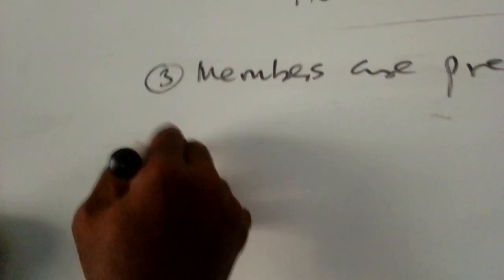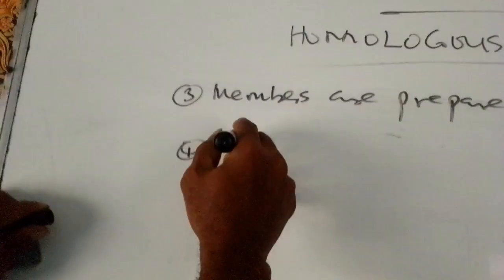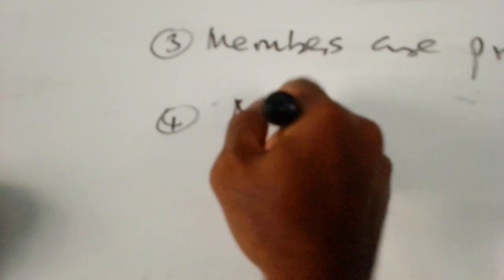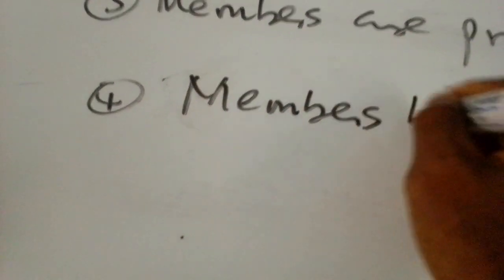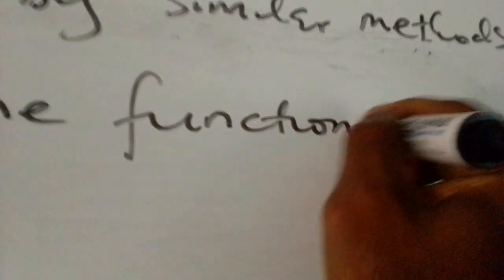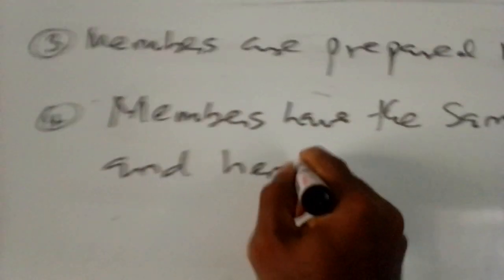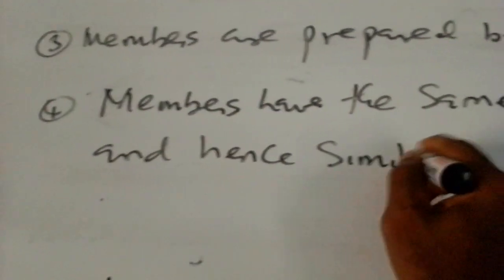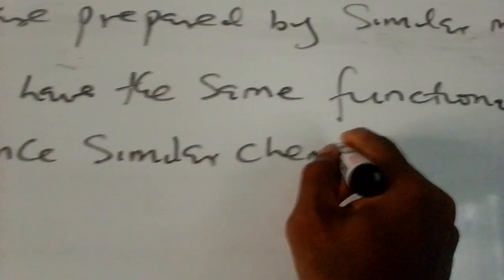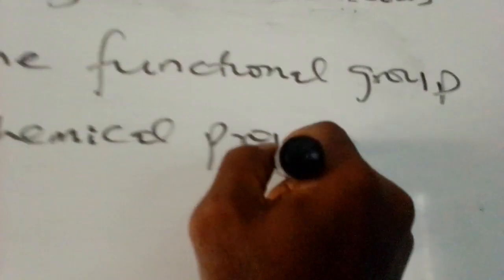Number 4, members or homologs have the same functional group, and hence similar chemical properties.